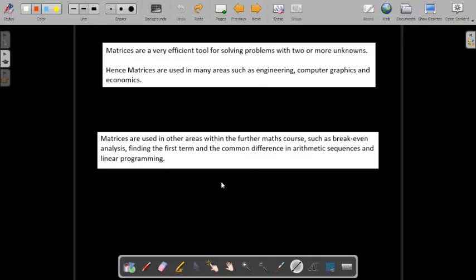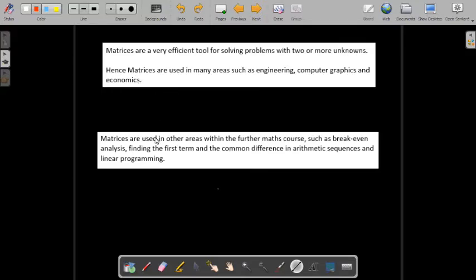Just finishing up, matrices are a very efficient tool for solving problems, especially when there are two or more unknowns. If we have one unknown, it's probably just easier to use algebraic methods. Matrices are used in many areas, such as engineering, computer graphics, and economics, to name a few.